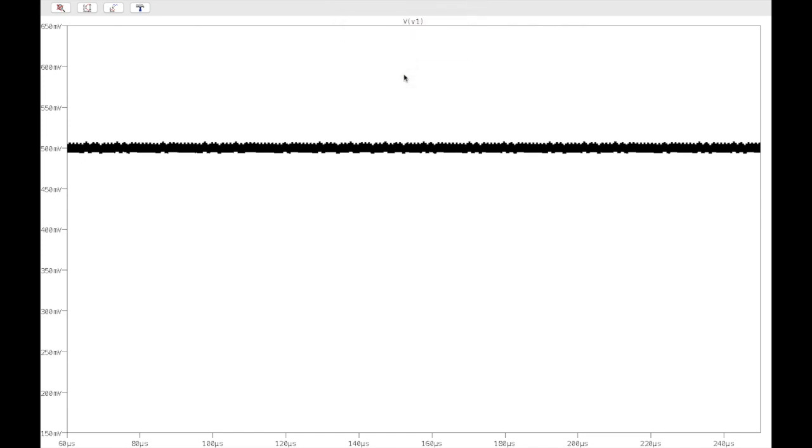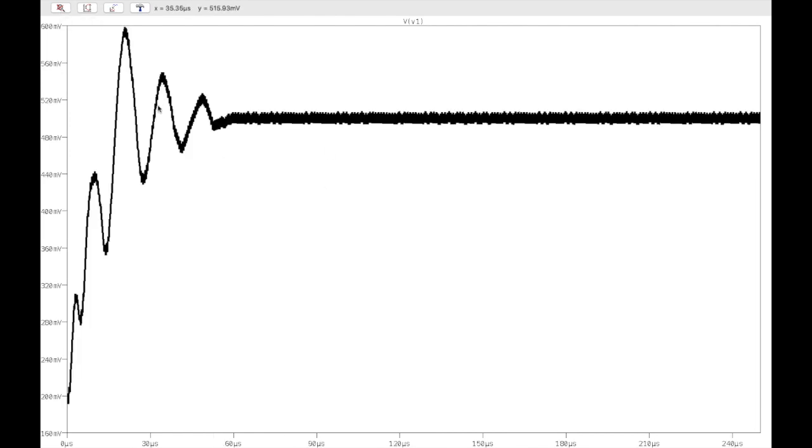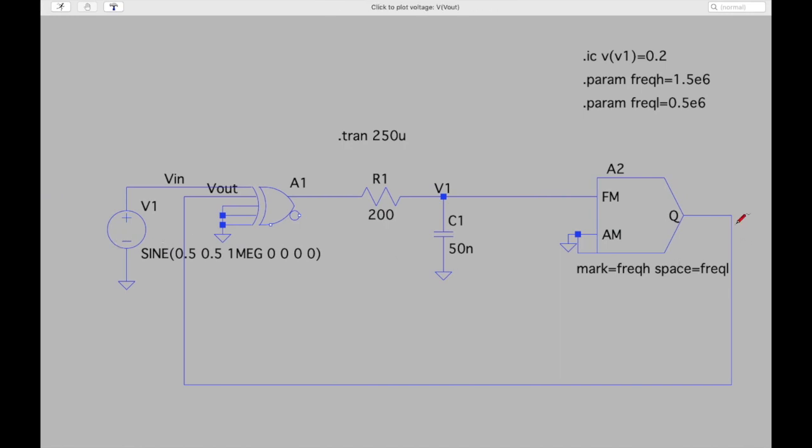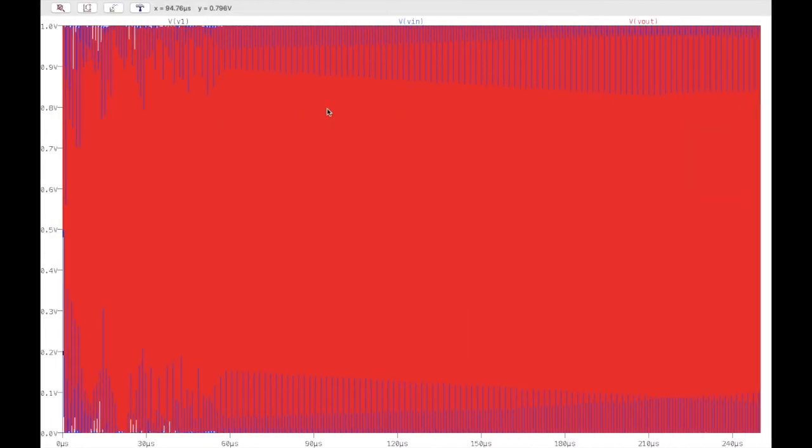So after some time it settles, and it produces the same frequency as the input. The input is 1 megahertz and the output is also 1 megahertz. If you want, we can plot these two waveforms and see. These two waveforms are plotted.